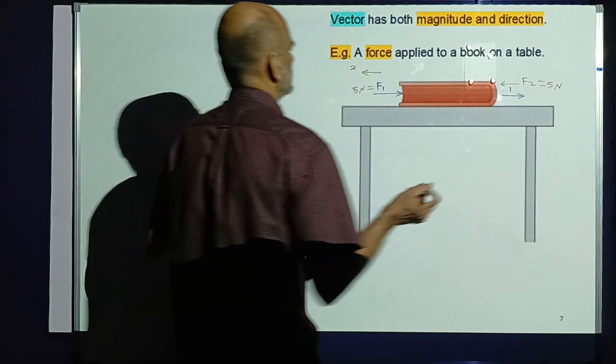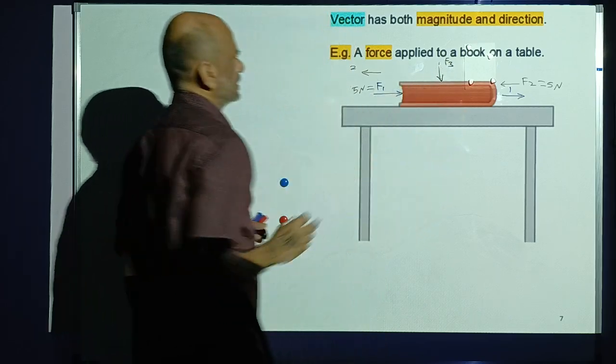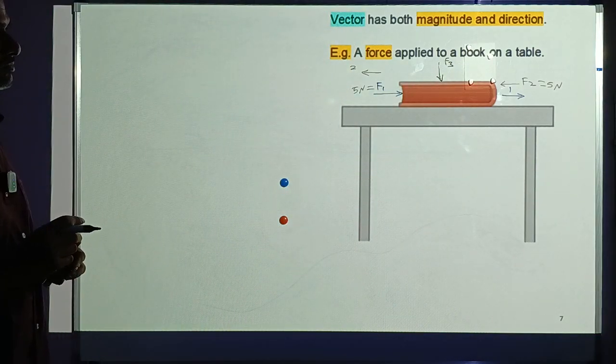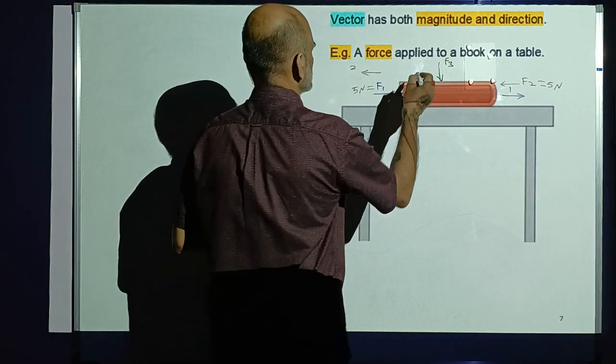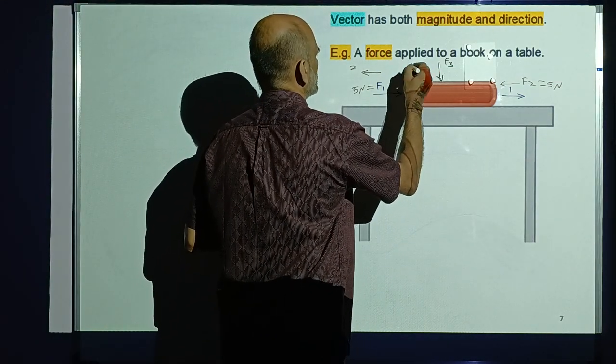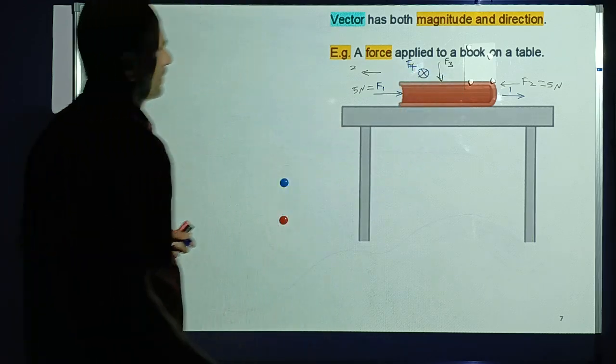If you apply a force vertically downwards, same 5 Newton, it will be at rest, it will not move. So if you apply a force in the inward direction, so it will move inside the book.